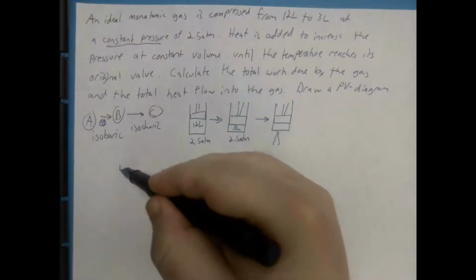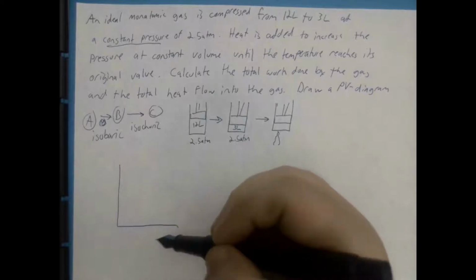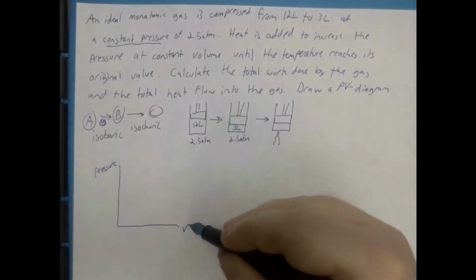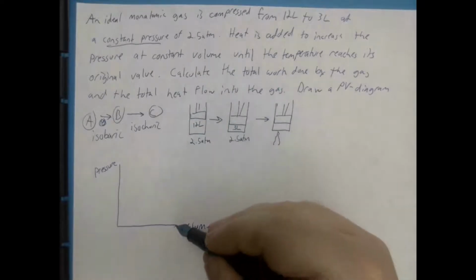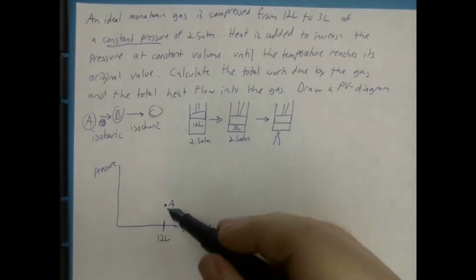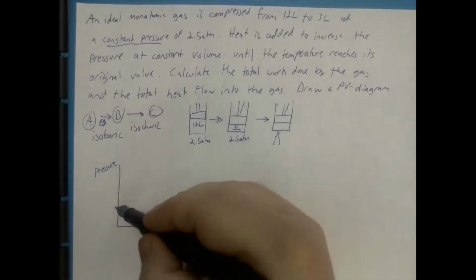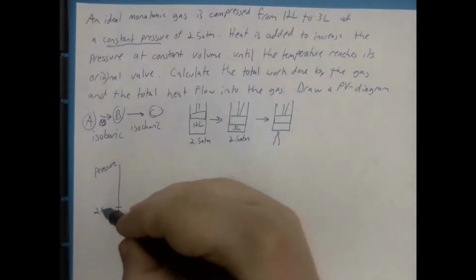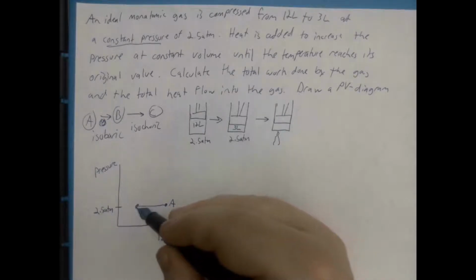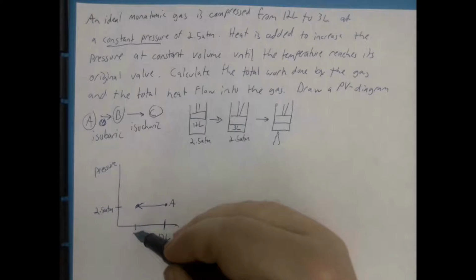So, I draw a PV diagram, so pressure versus volume. We're at 12 liters of volume, point A, and we're keeping the pressure constant. So the pressure is 2.5 atmospheres. We're going to decrease the volume until we reach 3 liters.